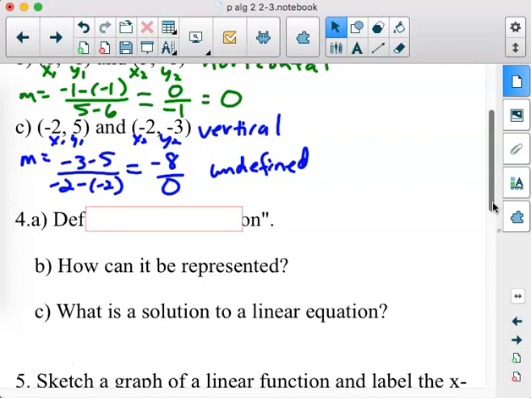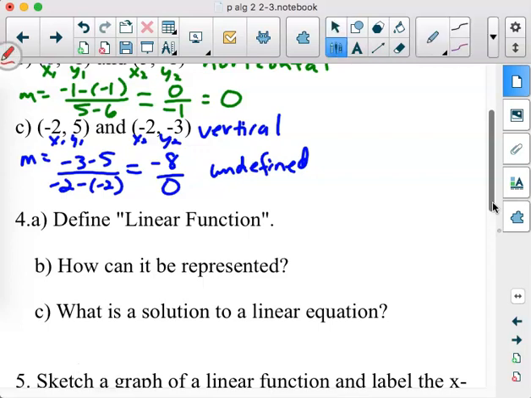So for 4a, it says define linear function. Let's think root word. What's the root word of linear? Line. So if we graph them, what are we going to see? A line. So these graph as a line.